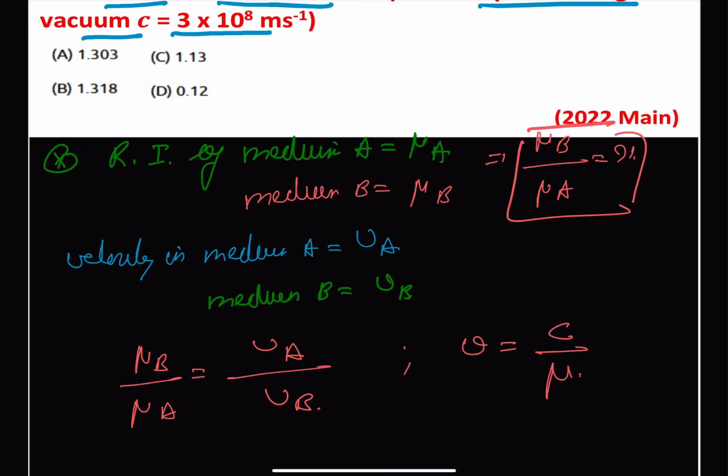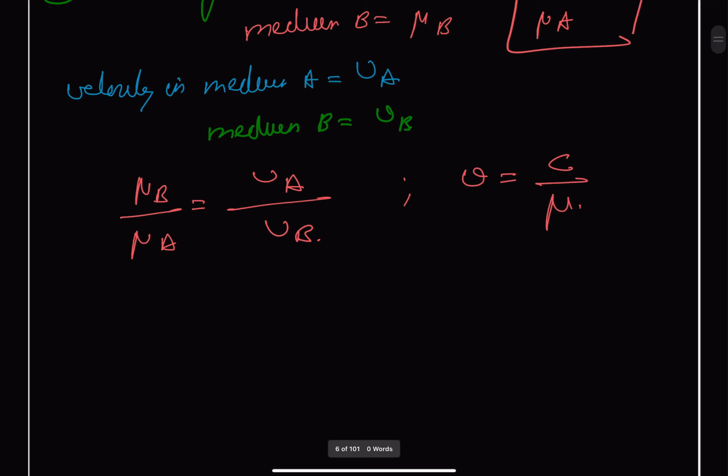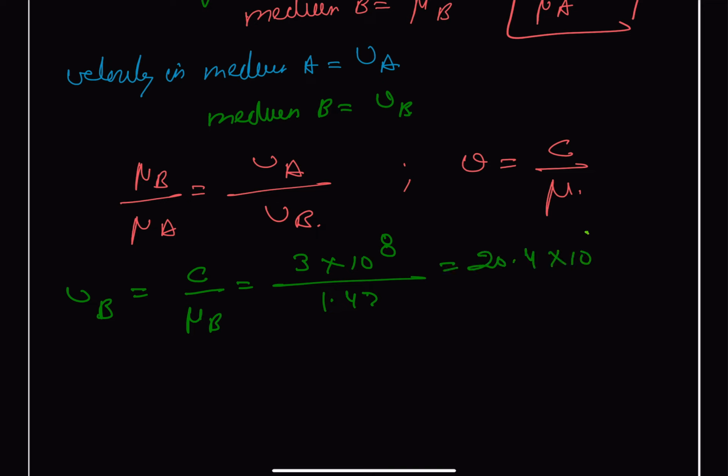For medium B, we are already given its refractive index, so we can find V of B. V of B will be equal to C divided by mu of B, where C is 3 into 10 to the power 8 and mu of B is 1.47, and this will come as close to 20.4 into 10 to the power 7 meter per second.